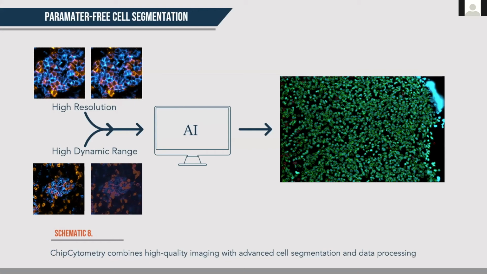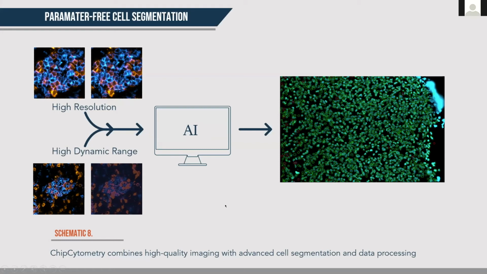You can have the greatest, most powerful cell segmentation algorithm in the world, but if you are feeding poor or low resolution and low dynamic range images into that process, you can imagine it's making the algorithm work much harder, and that's the limiting factor: the image quality input. And so that's really what we've optimized with ChipCytometry. You can imagine if a computer were to try to segment this image down here compared to this image, it's going to have a much harder time, and the same looking at the resolution aspect.